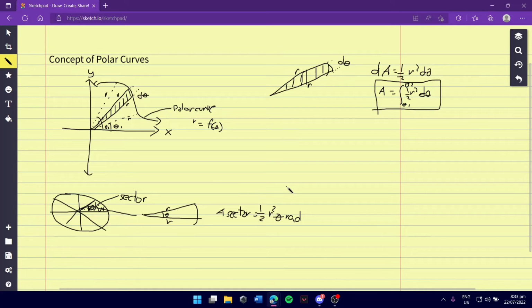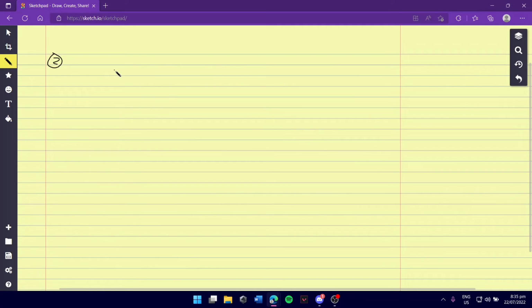So next, for example number 2, we will define the quarter of a circle. So this is your graph. This is your x-axis and this is your y-axis. So this is your circle, and we will find a quarter of a circle.